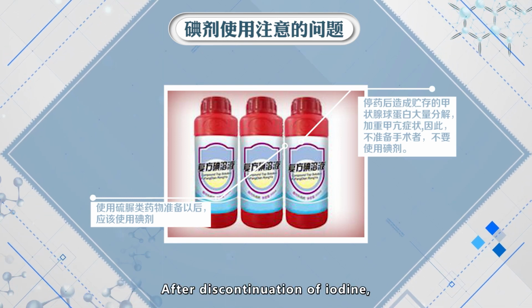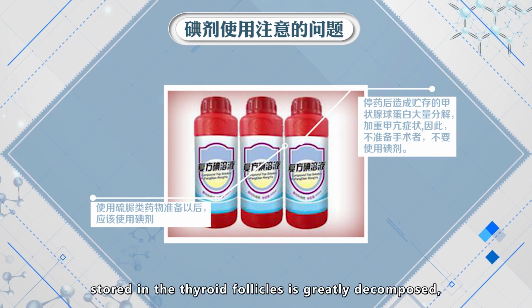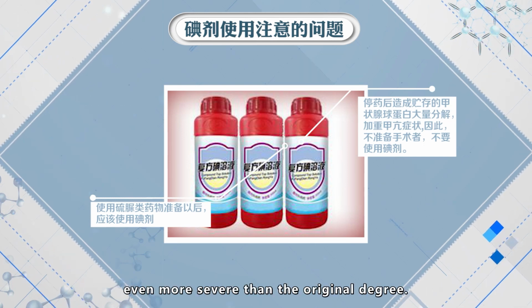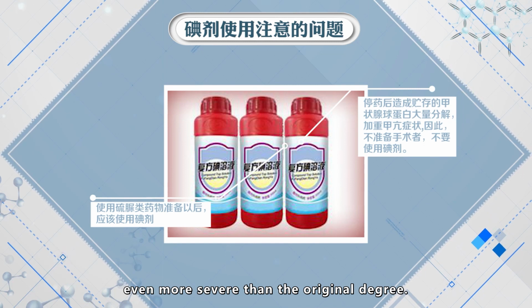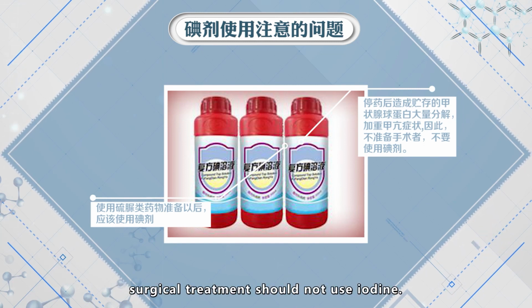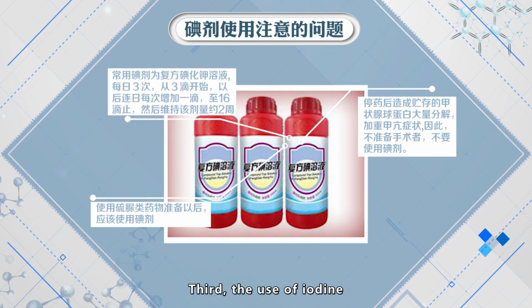After discontinuation of iodine, the thyroglobulin originally stored in the thyroid follicles is greatly decomposed, and the symptoms of hyperthyroidism can recur, even more severe than the original degree. Therefore, patients who do not plan to undergo surgical treatment should not use iodine. Third, the use of iodine.